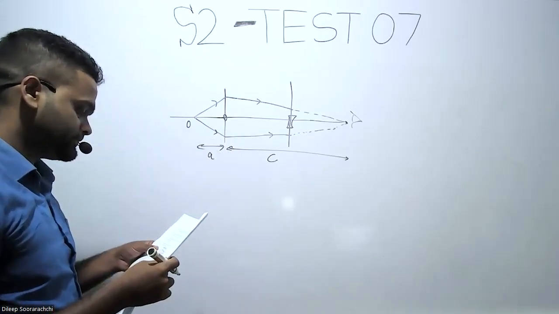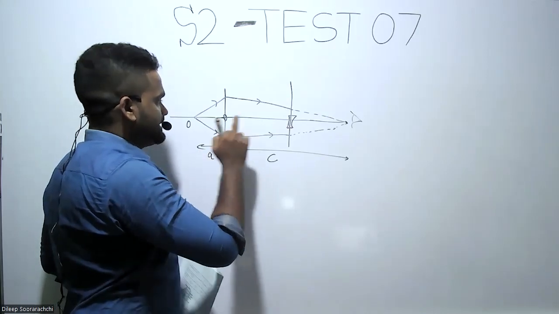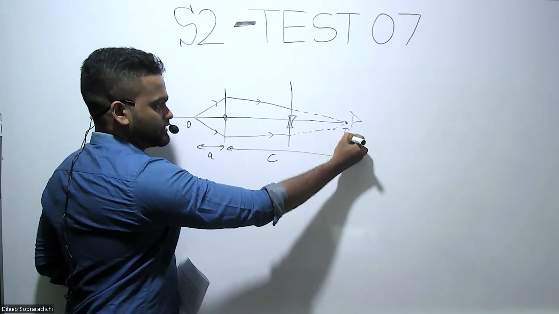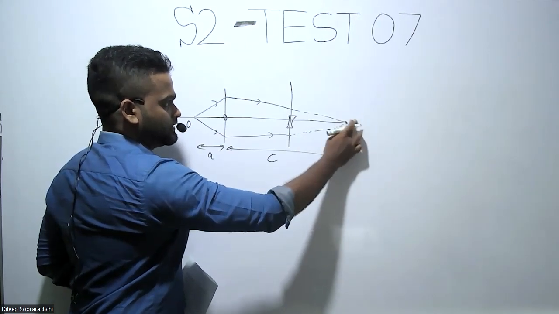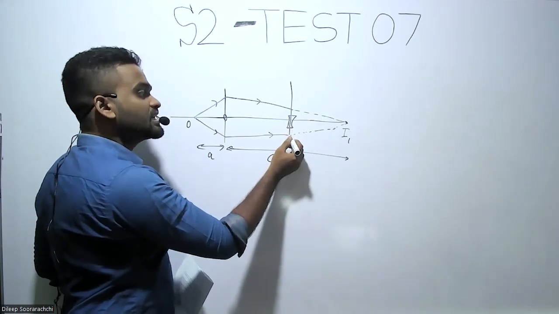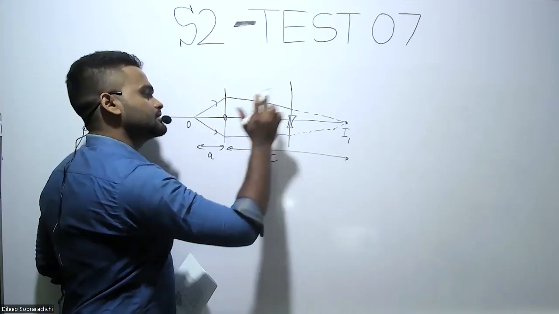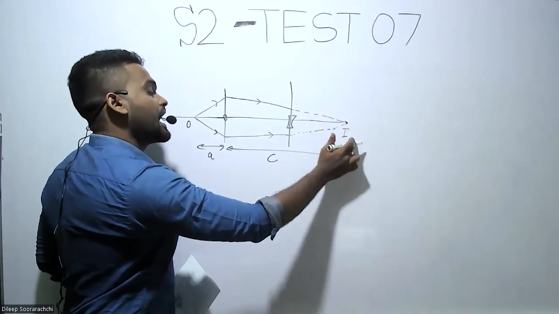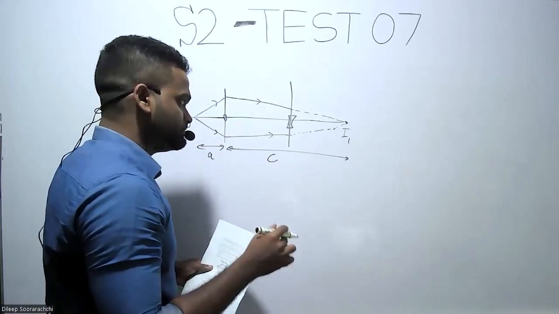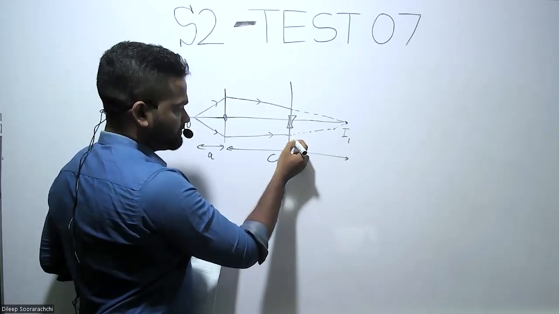Then what happens is the image formed by the convex lens, I'll say I1, becomes the object to the concave lens. So this is the object now to the concave lens.